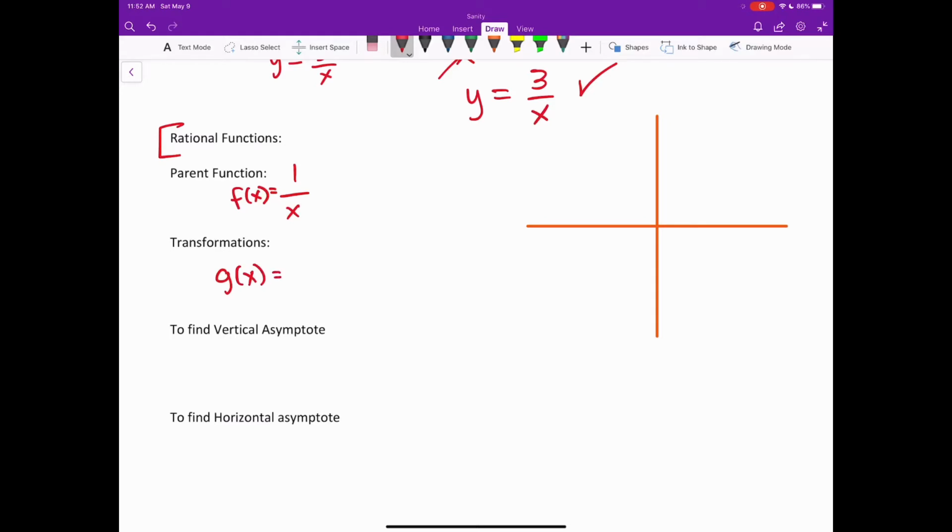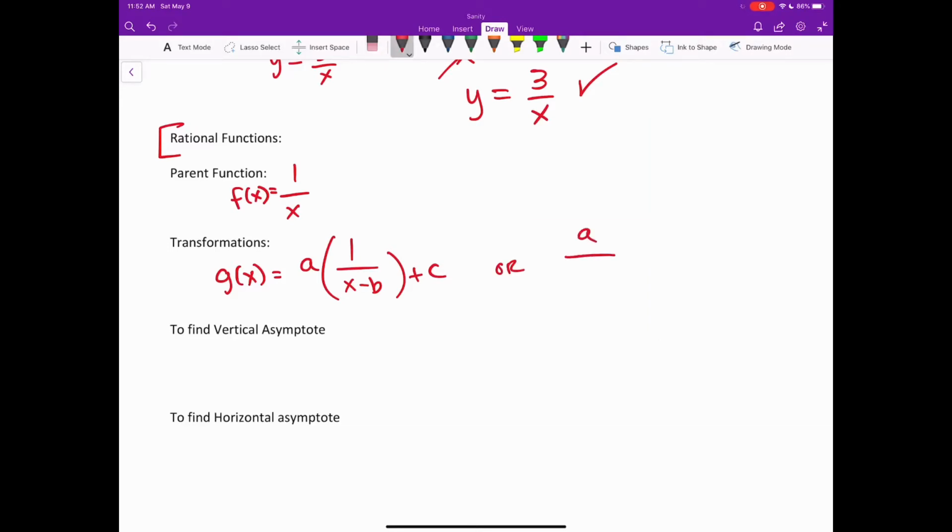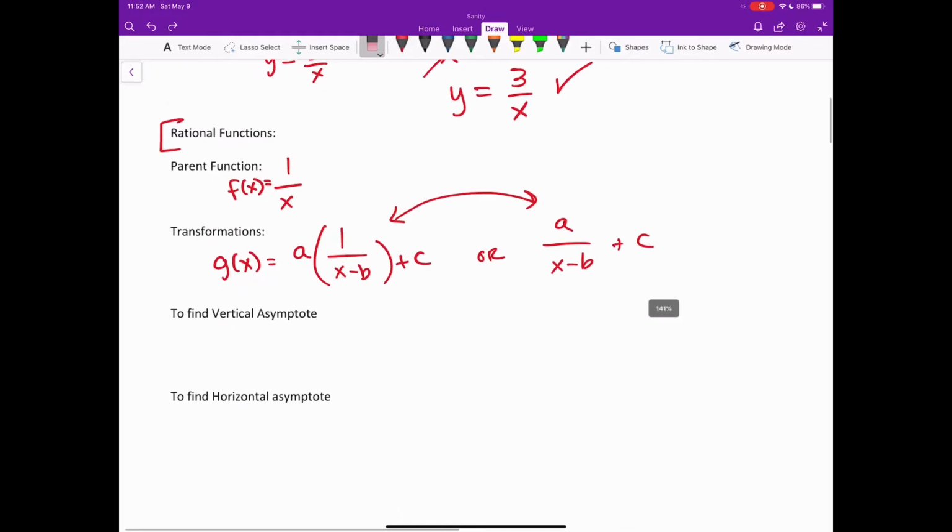So function g of x, you could say a times 1 over x minus b, plus c, or you could do a over x minus b plus c. These two forms are the exact same thing. All I did was take that a value and multiply it through that fraction, so now it's on the top. These were our basic forms for being able to graph these.